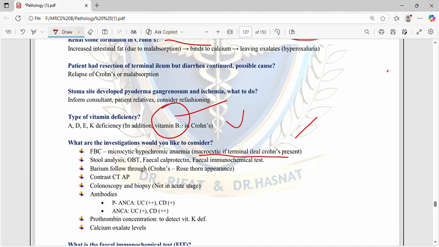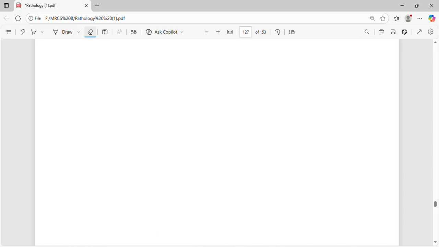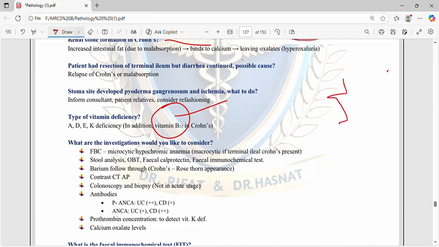Stool analysis: occult blood test, fecal calprotectin, fecal immunochemical test, and barium follow through, which shows the rose thorn appearance in Crohn's.